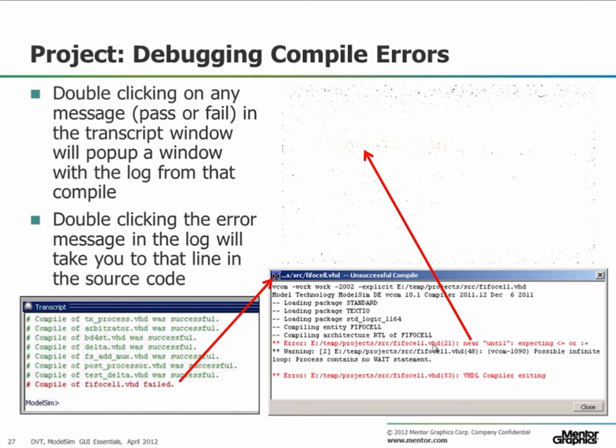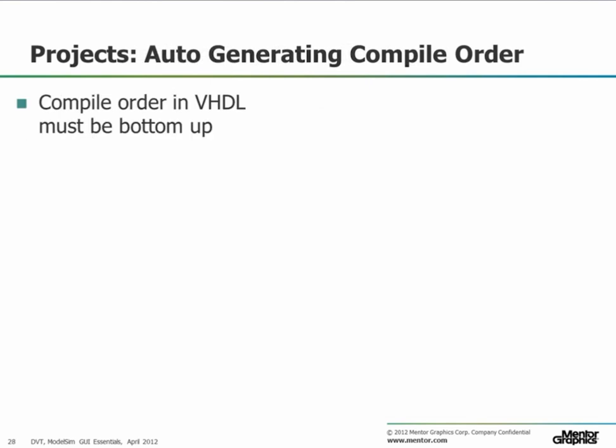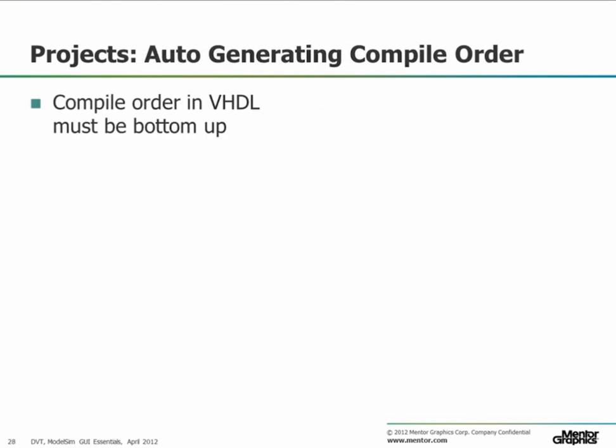If I click on that, that'll open up the source code, take me to line 21, and I can see what happened was I misspelled weight here, and so that became a syntax error, and got pointed out. So I fixed that and recompile, and everything should be good. Now, VHDL.